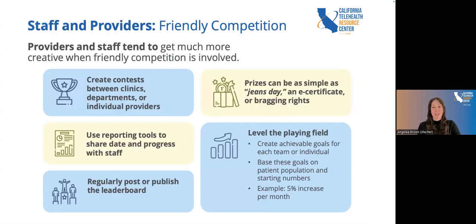And of course, there are some back of the house tactics that can boost patient portal adoption as well. Oftentimes, care teams and clinic staff respond well to friendly competition, and this could look like contests between clinic locations, departments, or even individual care teams. Reporting out results can spur motivation and sustain your progress.